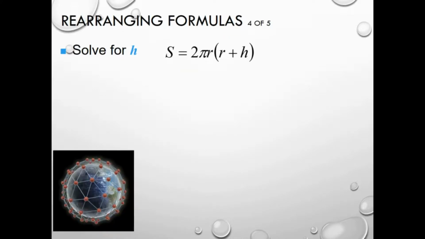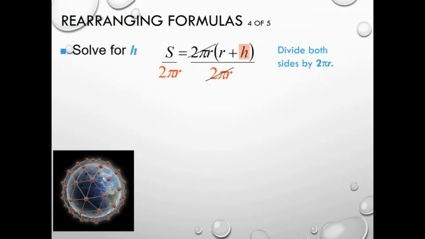Here's an application from the geometry world, and the directions are to solve for h. Similar to the last problem, we need to eliminate the coefficient of this quantity in the parentheses. To accomplish that, we'll divide both sides by 2 pi r.